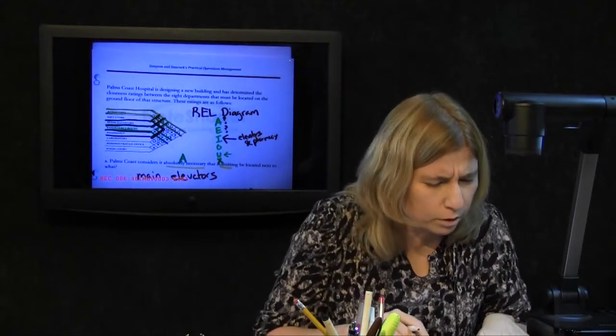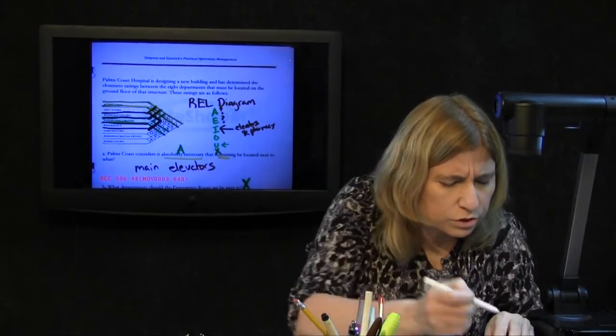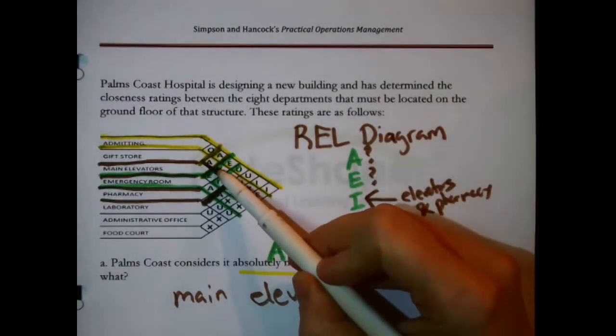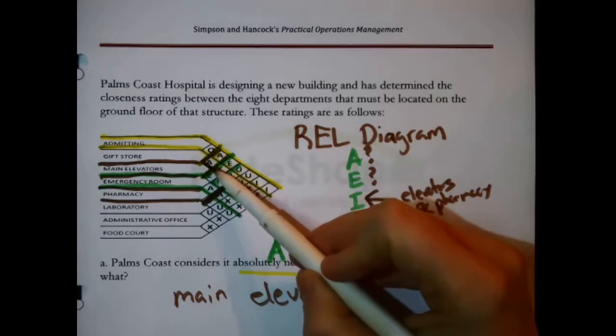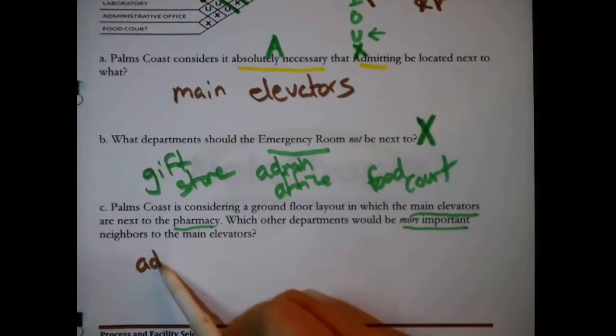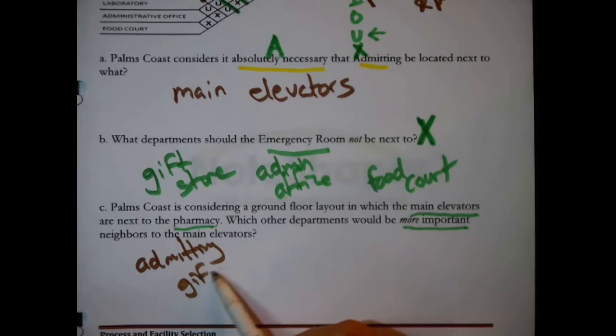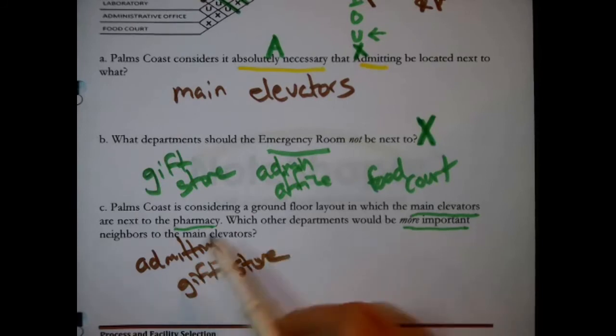For the elevators, I see two A's right here, corresponding to the top two rows. I'm tracing it up, the upper leg here. So that means admitting and the gift store right away would have been more important than the pharmacy.